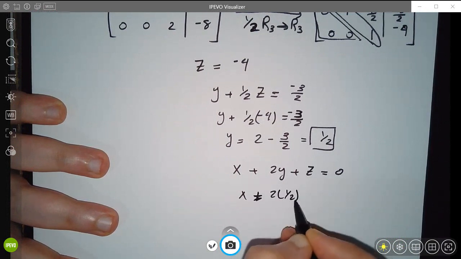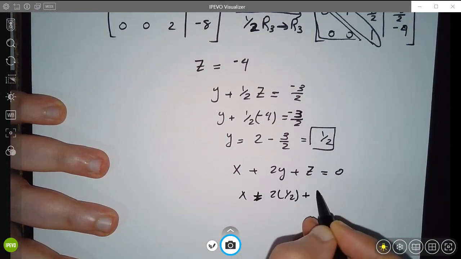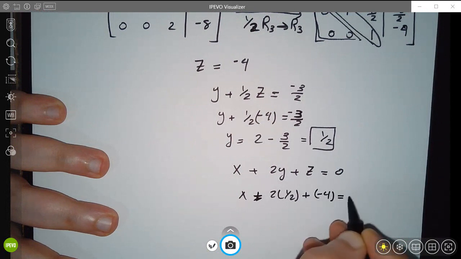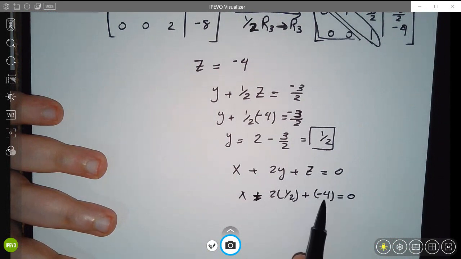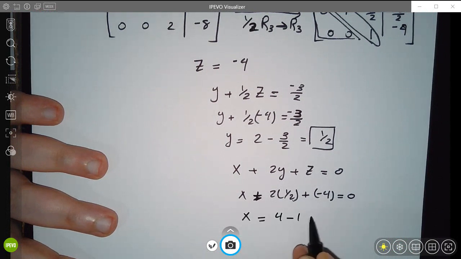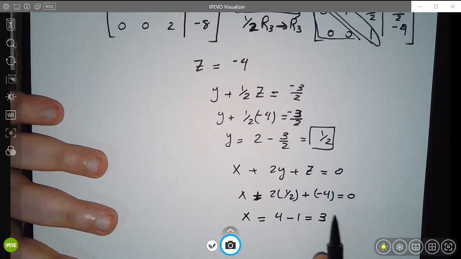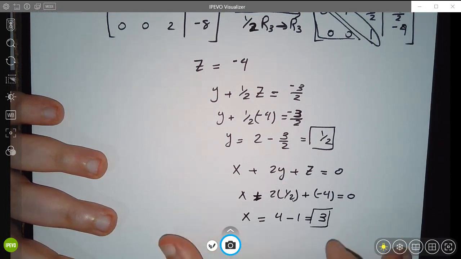So 2 times the 1/2 we just found, and z we said is a -4. And this equals 0. So 2 times 1/2 is just 1. And over here we have a -4. Move all of this to the opposite side. And x is +4 minus 1, which is 3. And that's x.